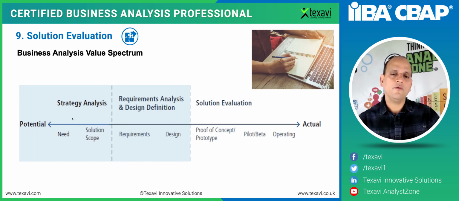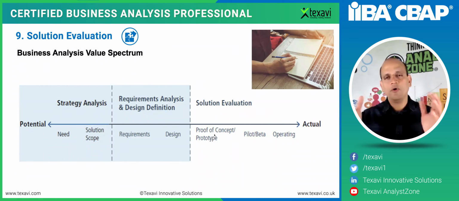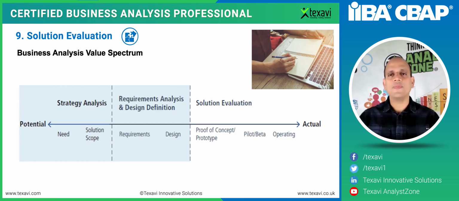Another way of looking at it is the potential versus the actual, in terms of the need and the solution scope requirement. This gives you the potential, whereas the solution is trying to give you the actual: how the solution actually looks and works on the ground, in the hands of customers, in the ways that users should really use it.